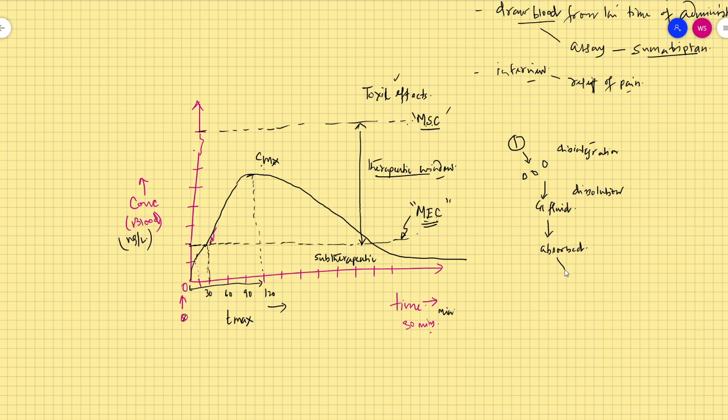Okay. Then it goes into the hepatic portal system. So it is absorbed into the liver, and then in the liver it undergoes metabolism, and the metabolite gets into the blood. Okay. The entire drug doesn't undergo metabolism.